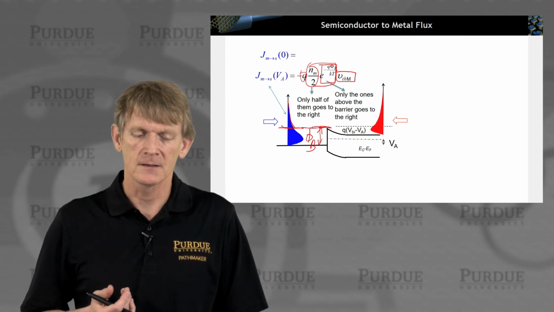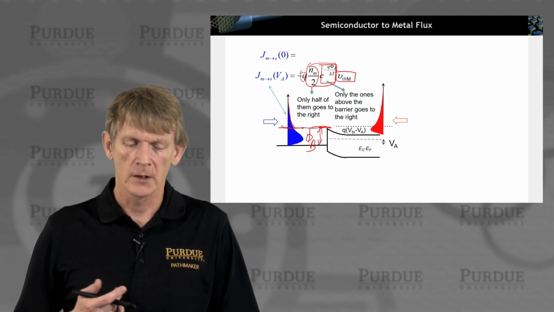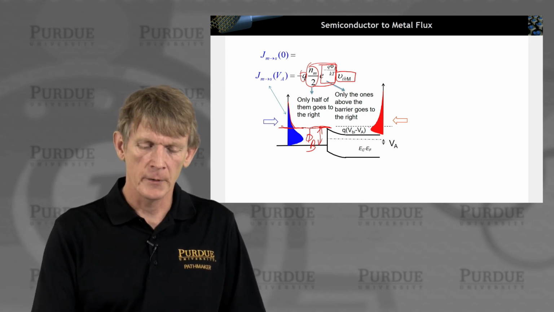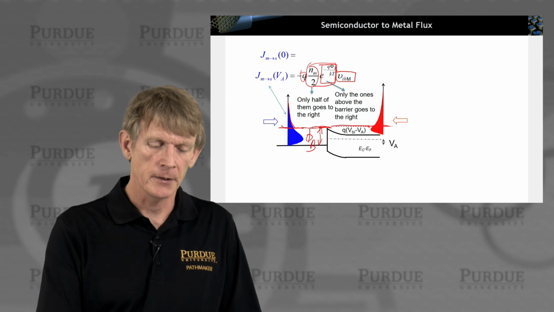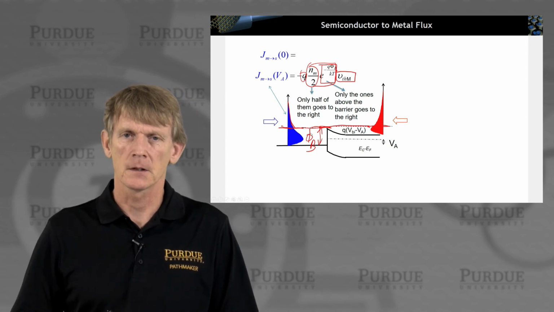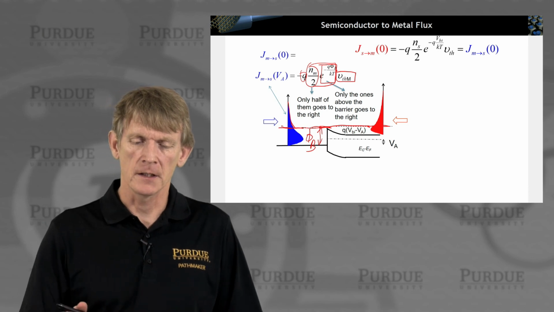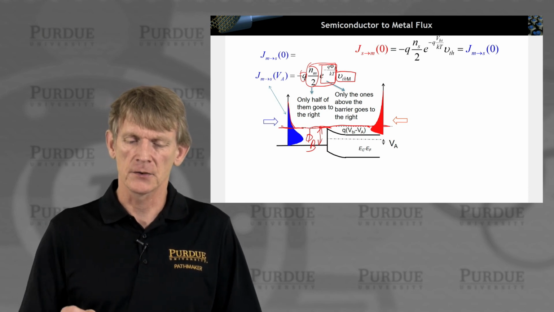Now we look at the semiconductor side. We have a similar distribution, and we figure out how many carriers are propagating above this barrier, okay? And we can write that down again. We have a number of electrons at the surface.